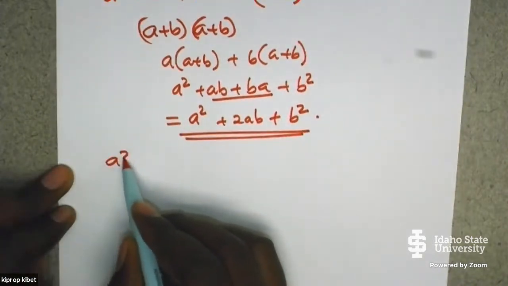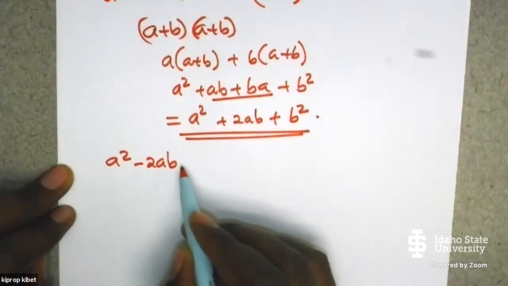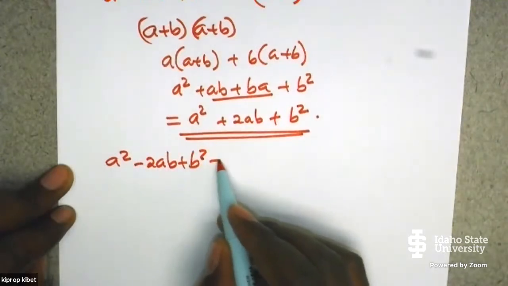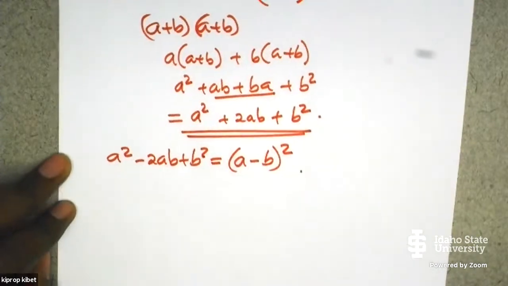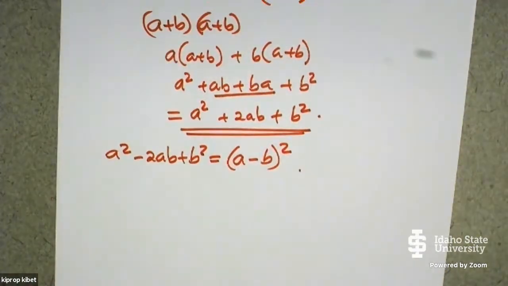A squared minus 2ab plus b squared is equal to a minus b squared. If you expand the same, you just put minus here.